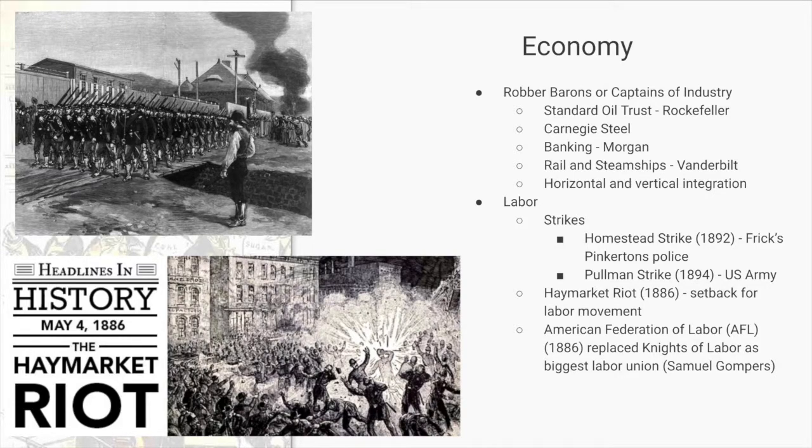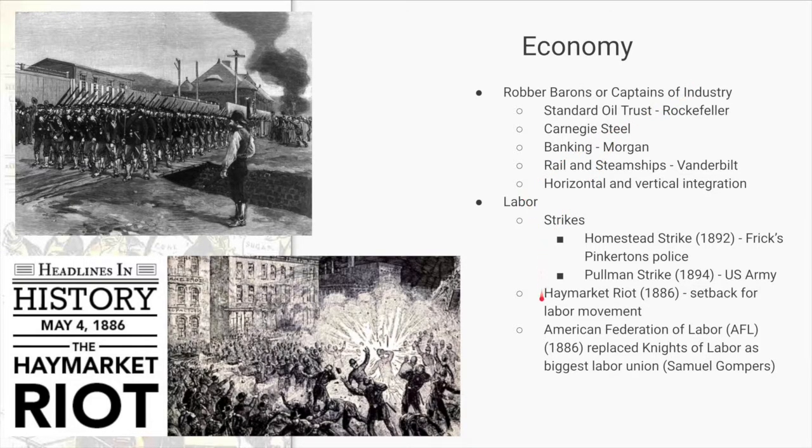And that's important because it shows that the government is not siding with the strikers, right? The government allows Frick and a private police force to shoot at strikers. So that's the important thing. Pullman is also important. That's 1894, because again, the U.S. Army is going to put down a strike, which shows the government doesn't care about the laborer. The government cares about these robber barons and captains of industry.